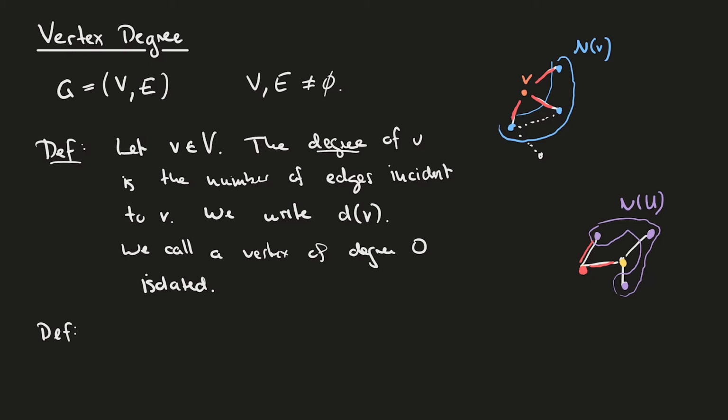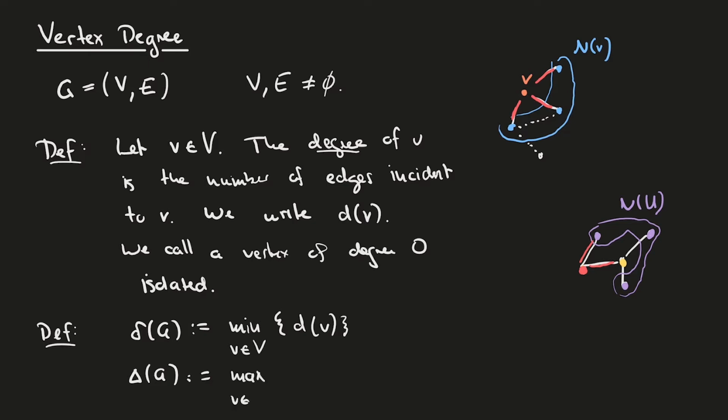For this, we define delta of G to be the minimum over all vertices in the graph of the degree of that vertex, and capital delta of G to be the maximum over all vertices in the graph of their corresponding degree.